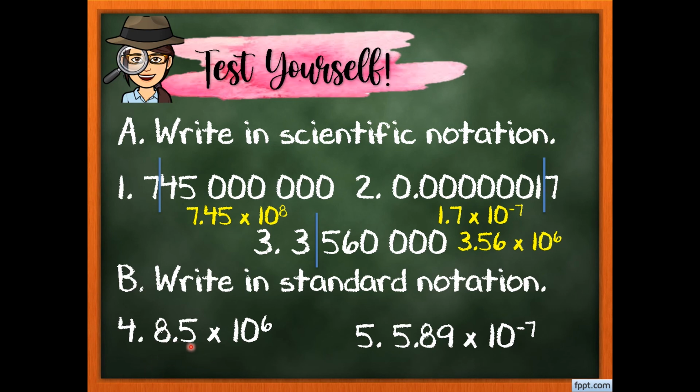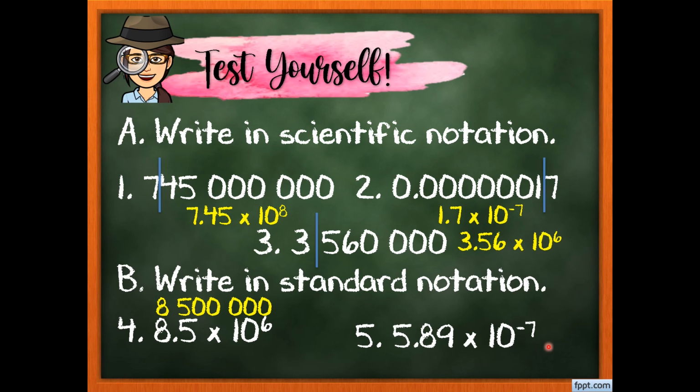Since we have 1 here, we will add how many zeros? 5 zeros to complete our standard notation. So, 1, 2, 3, 4, 5, 6. So, it will become 8,500,000.